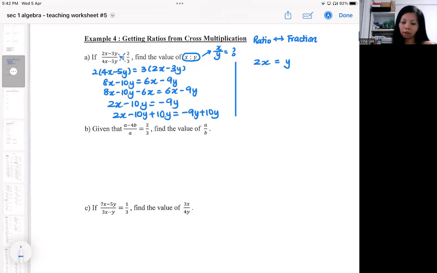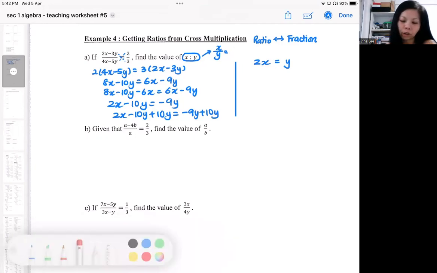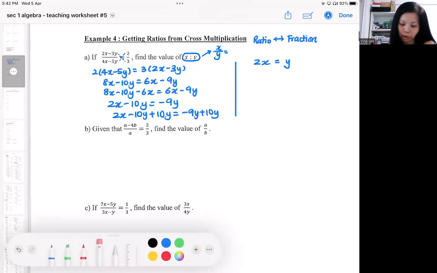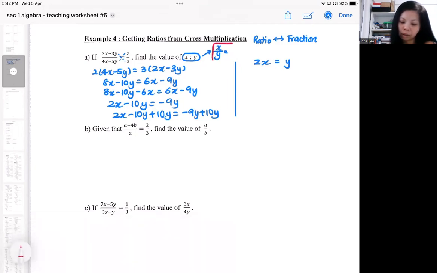Then the next thing is, you bear in mind what fraction you want. We wanted x over y. You can see y is in the denominator, so I'm going to divide by y on both sides.